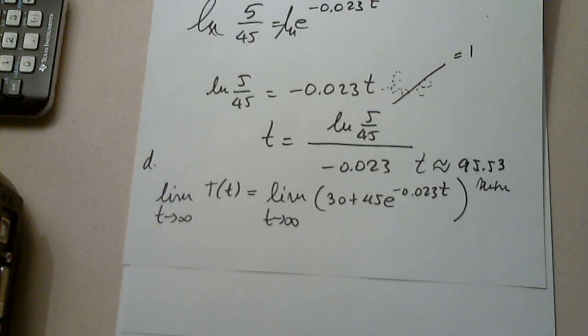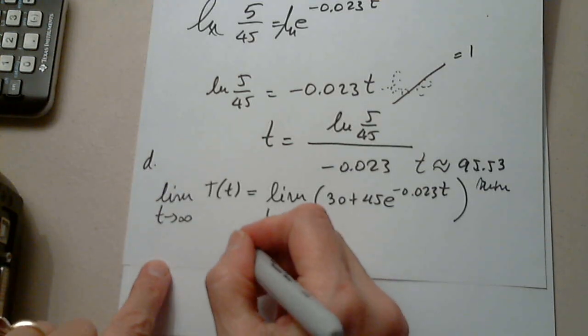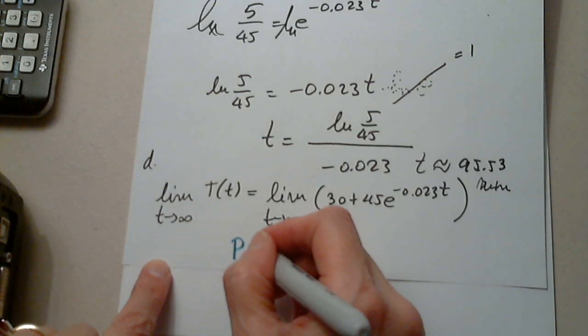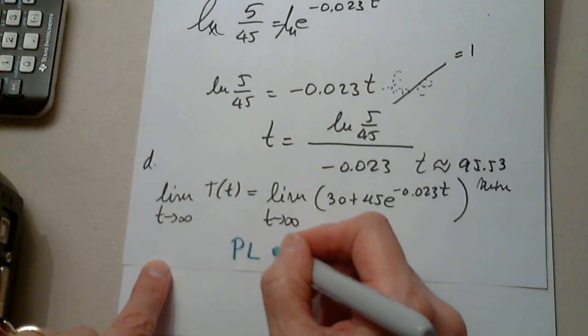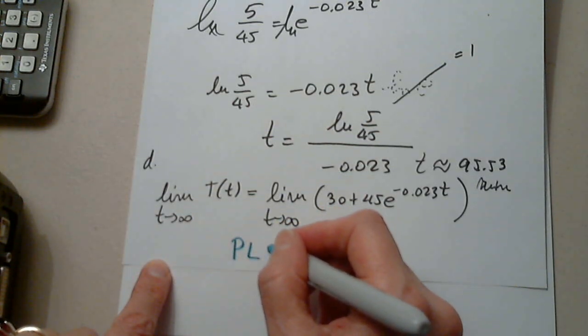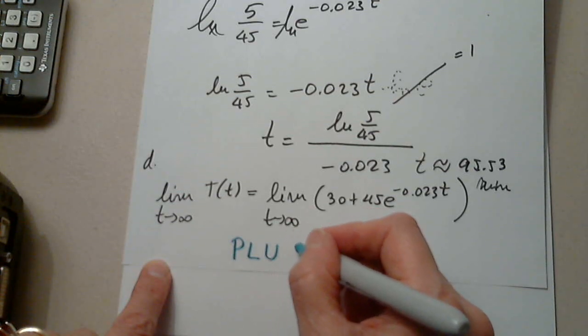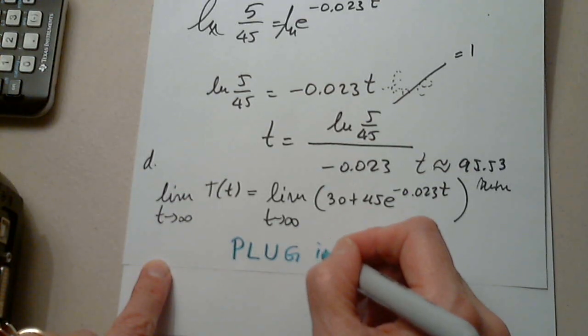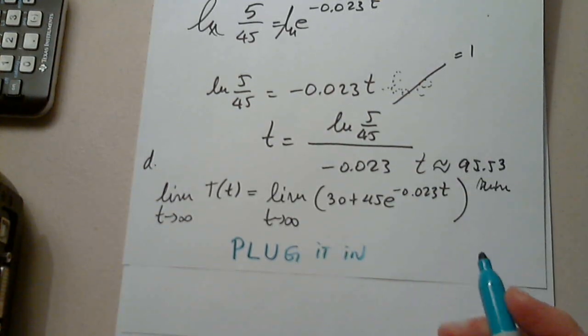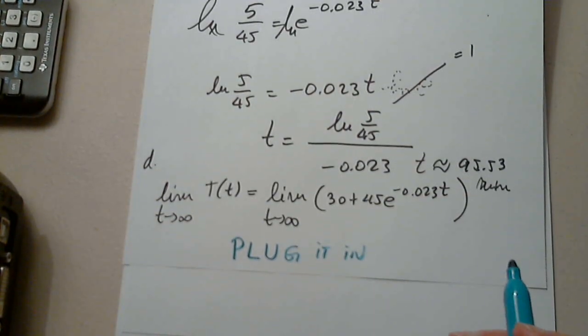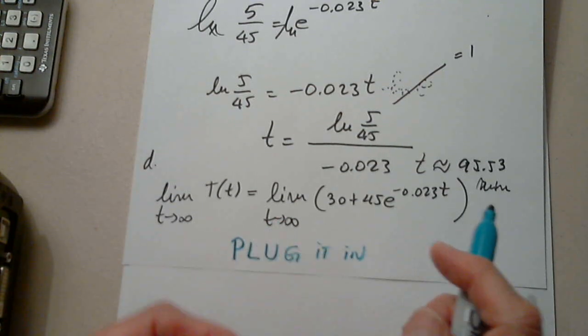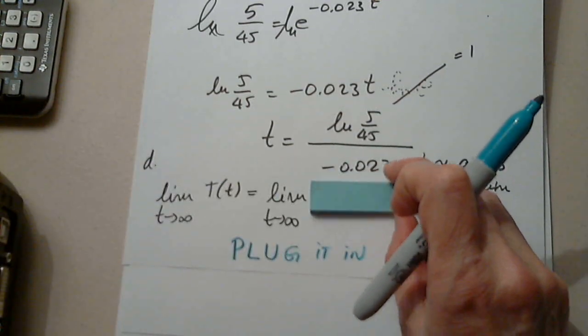Anyone can remind us the first step? Anyone? Plug it in. Plug it in. I have no idea what this is. But where do I plug it in? T approaches infinity. So let's start step by step.